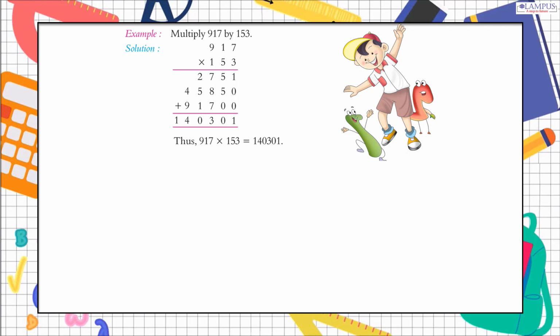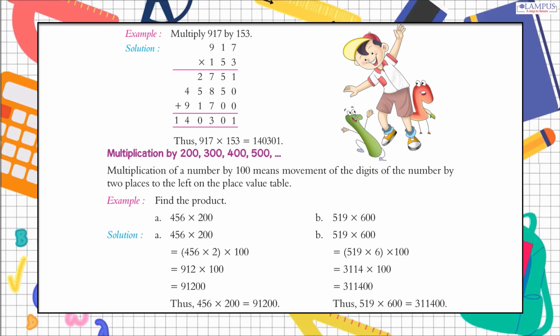Add the three products. 2,754 plus 45,850 plus 91,700 equals 1,40,301. Thus, 917 times 153 equals 1,40,301. Multiplication by 200, 300, 400, 500, and so on.